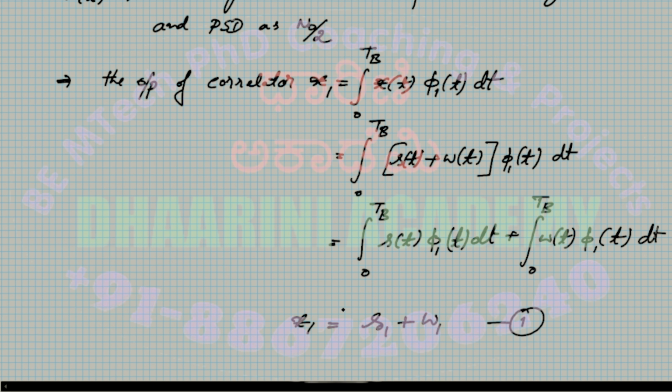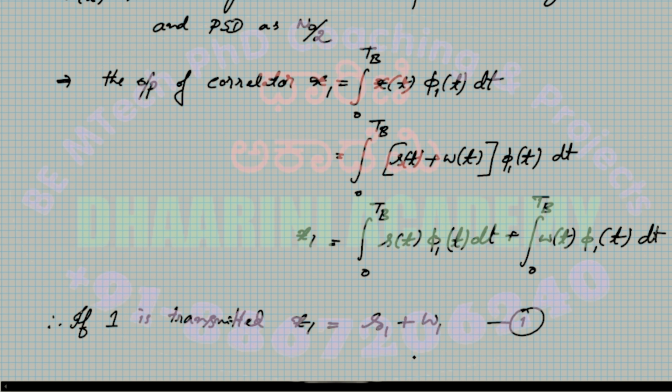This is when 1 is transmitted. Therefore, if 1 is transmitted, I'm writing it like this, because s1 is there only when you are sending 1.